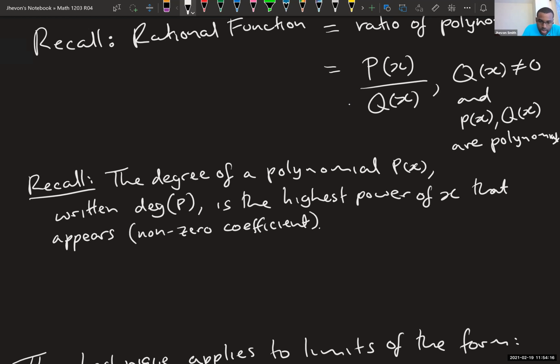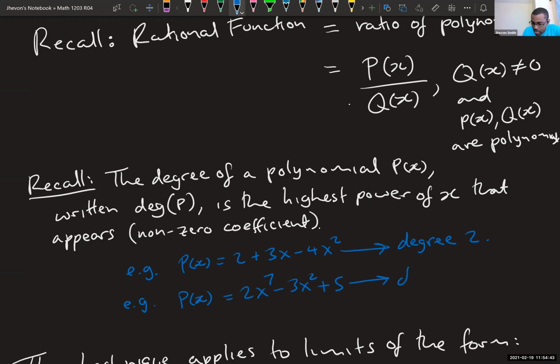Okay, so for example, if I have p of x equals 2 plus 3x minus 4x squared, that is degree 2. We call that guy a quadratic. If I have p of x equals 2x to the 7th minus 3x squared plus 5, that is degree 7.